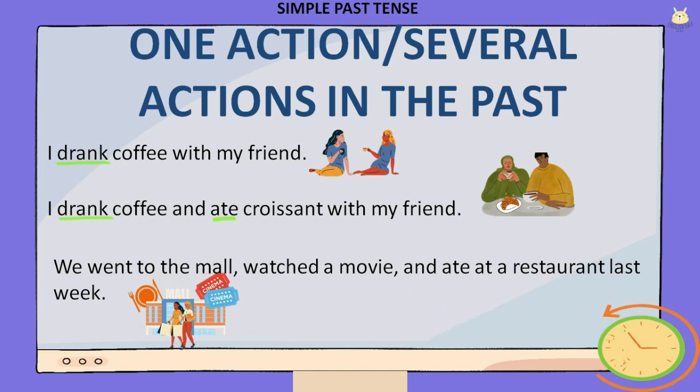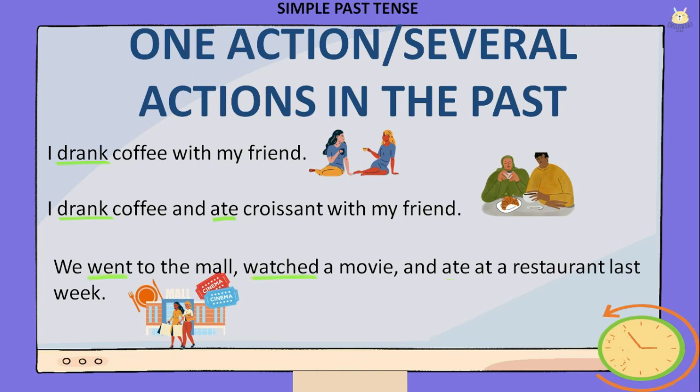Now let's move on to another example. We went to the mall, watched a movie, and ate at a restaurant last week. If you noticed, we have several actions in one sentence. Please make sure that when you are forming this kind of sentence, there is parallelism. Since we began using the simple past tense, we have went, watched, ate.